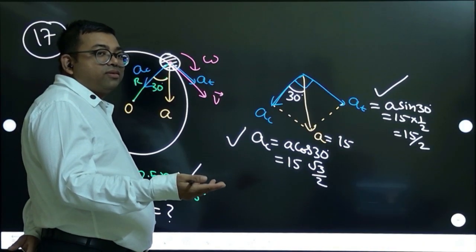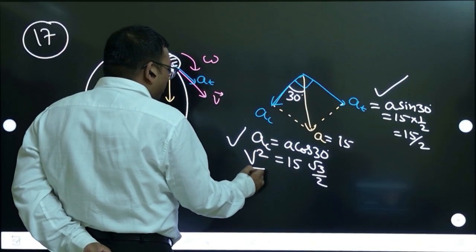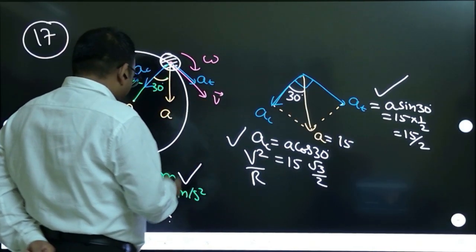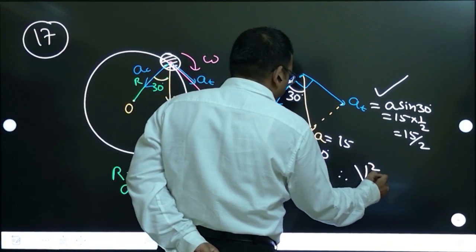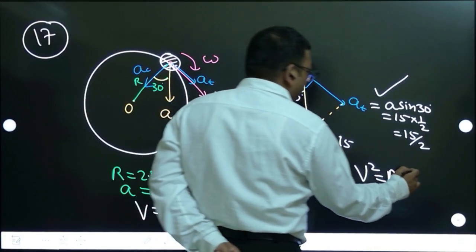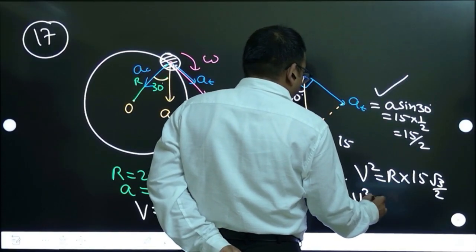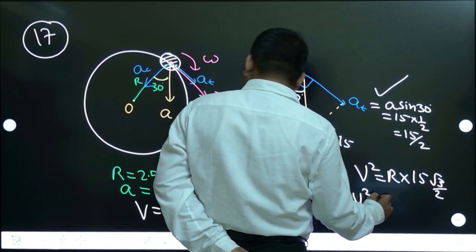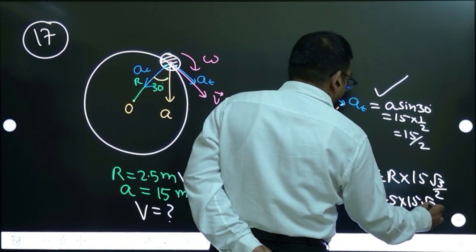Yes, that is what it is. This is v square by r, and r is given already. r is 2.5. So from here v square is equal to r into this, 15 root 3 by 2. Now v square is 2.5 into 15 root 3 by 2.